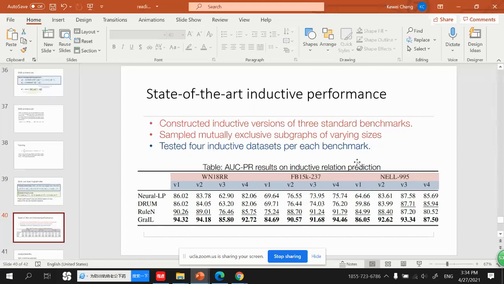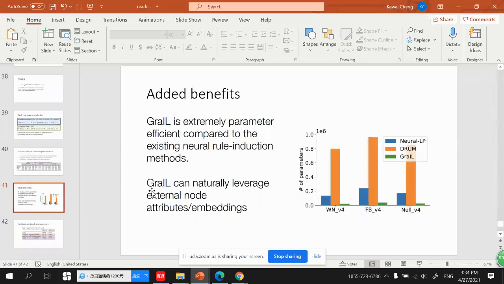They test the inductive version of the benchmark on different rule mining methods, and we can observe that their proposed method achieved state-of-the-art performance among all the rule learning methods currently. They also compare the parameters used in their model with other rule mining methods, and we can see that compared to other rule learning methods, their method includes very few parameters.